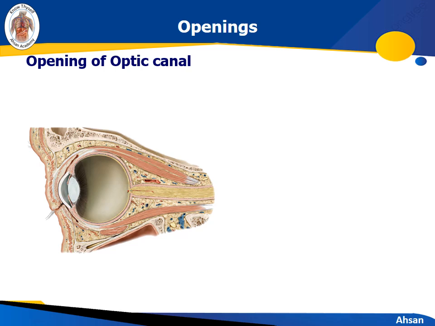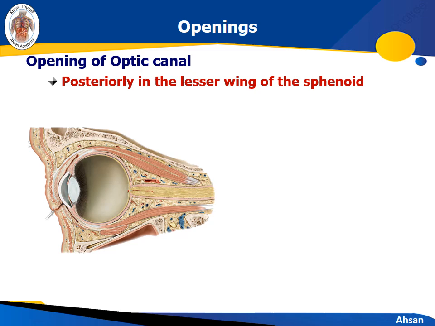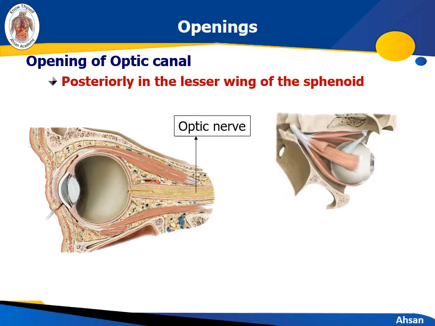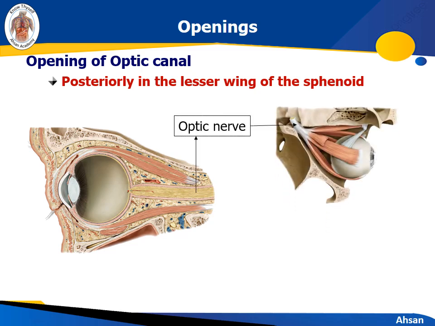The optic opening is there that leads into an optic canal that is close to the apex, and it is in the lesser wing of the sphenoid bone situated in the posterior part, and you can see this is traveled by the optic nerve, and within the optic nerve we get the central retinal artery.